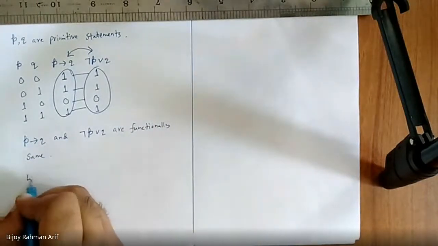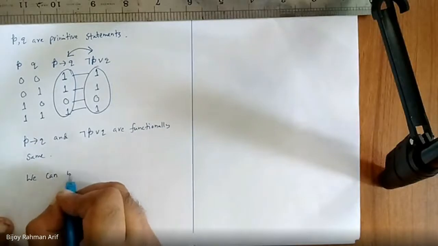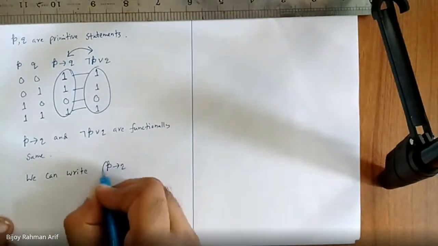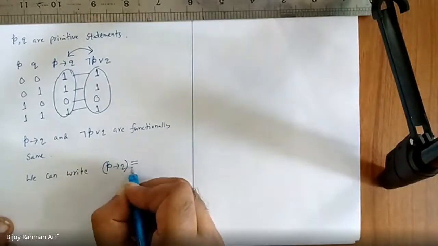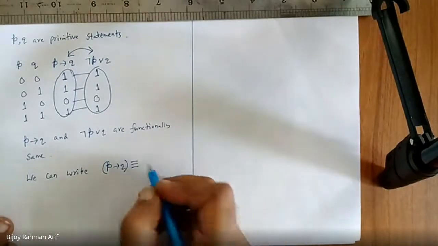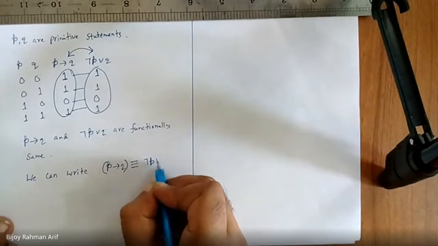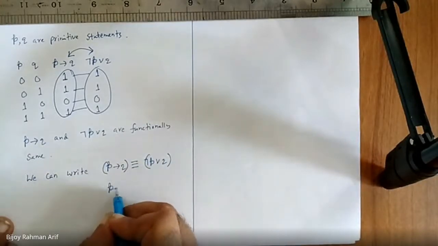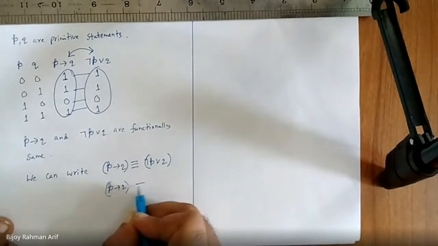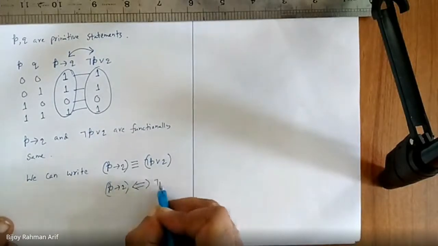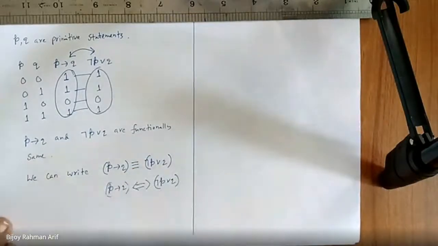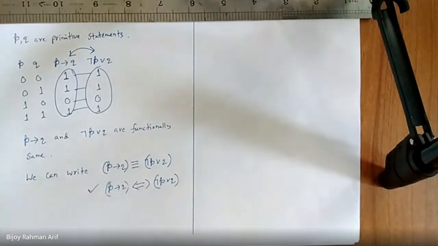So we can write P implies Q equivalent to not P or Q. Sometimes they use this symbol, the three bar, sometimes they use this one. I prefer using this one.